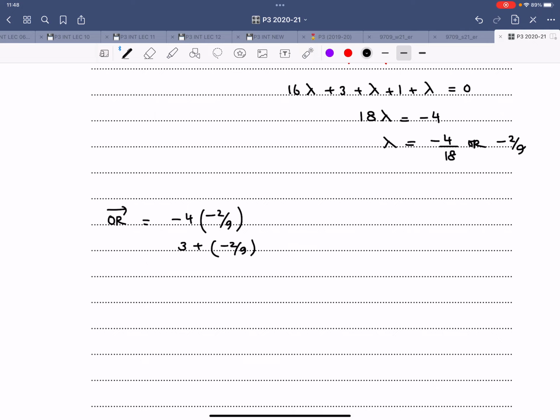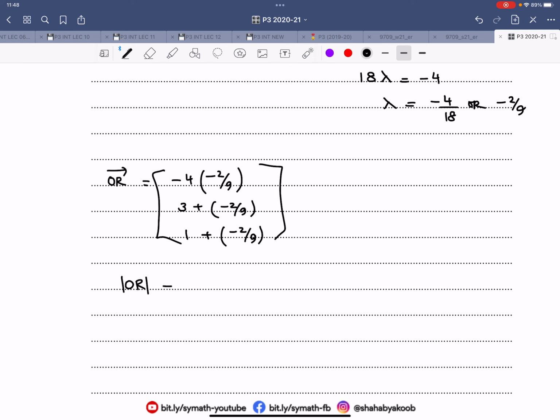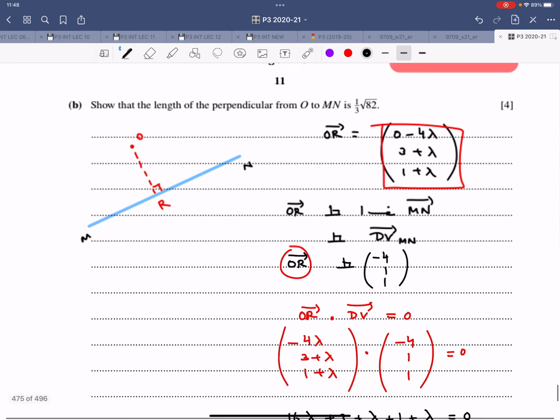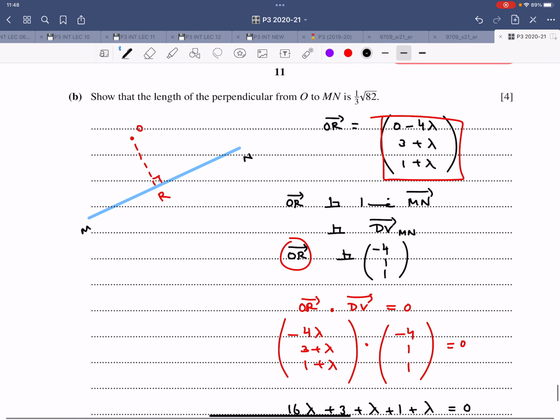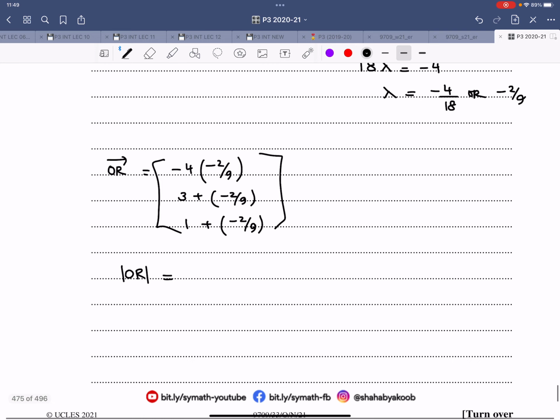And last is 1 plus lambda. This is 1 plus negative 2 over 9. This is OR. And now you should simplify. And the magnitude of OR in the exact form should give us the answer that's written over there. That's 1/3 root 82. So that is the answer that you get.